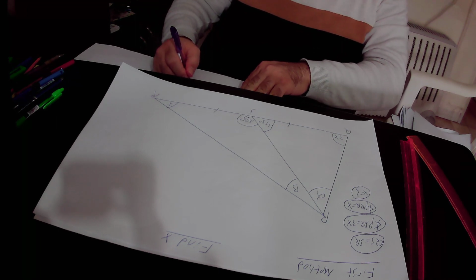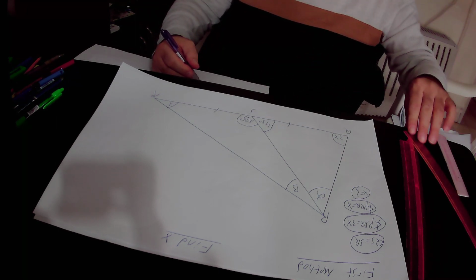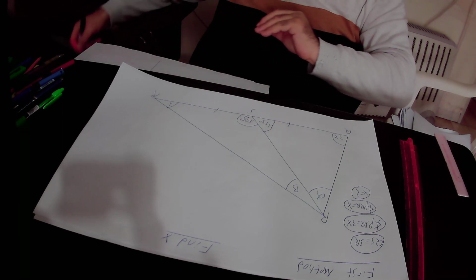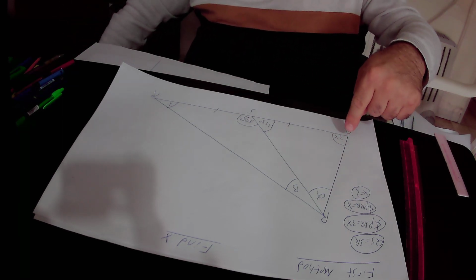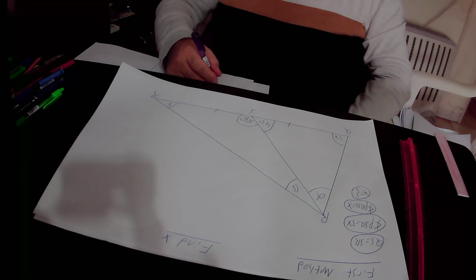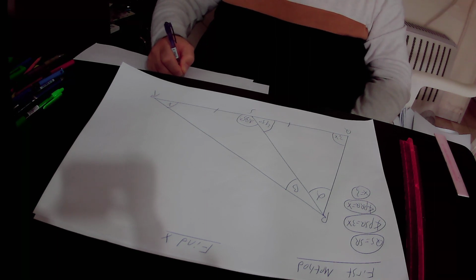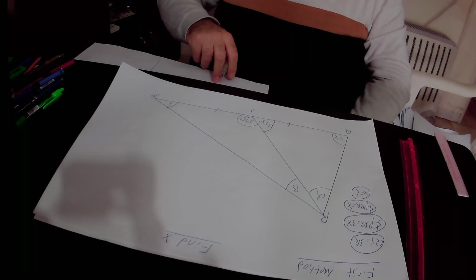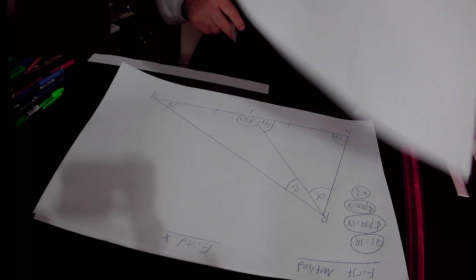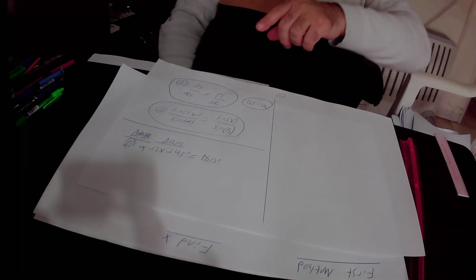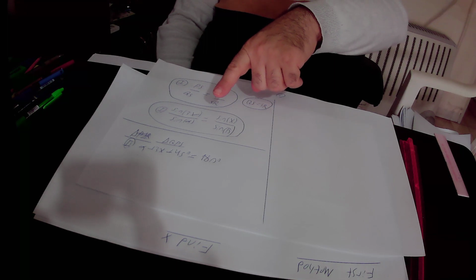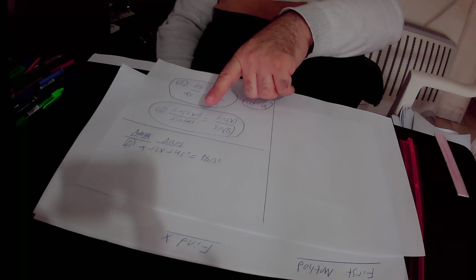That is to say, alpha plus 3x plus 45 degrees must be equal to 180 degrees. In triangle QPS, the sum of the angles is equal to 180 degrees.